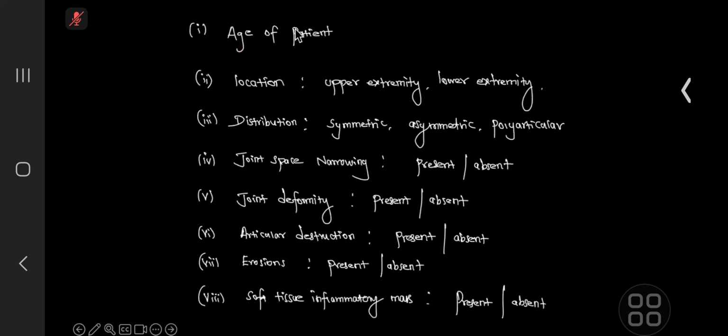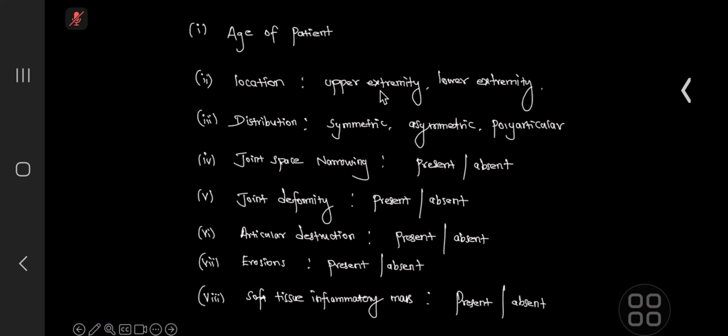So this is how you should tackle arthritis cases. Note down the age of the patient, which plays a very important role in differentiating the various arthritis spectrum. Then location: is it upper extremity or lower extremity? This is very important.